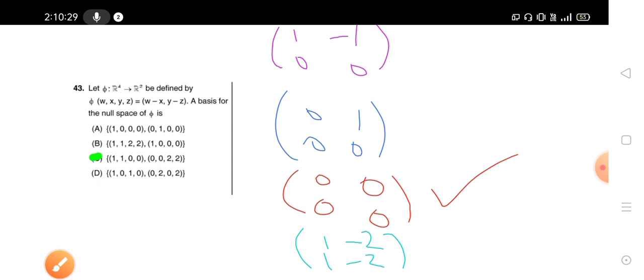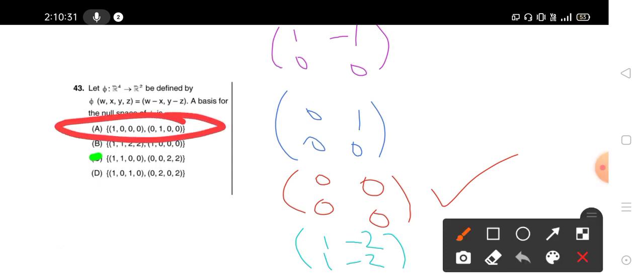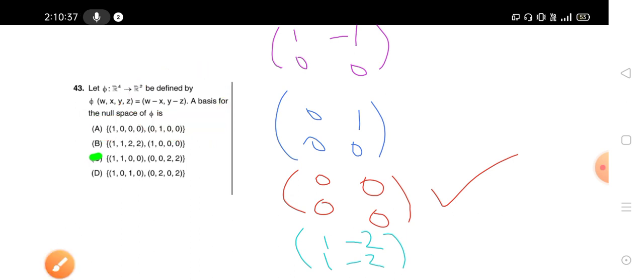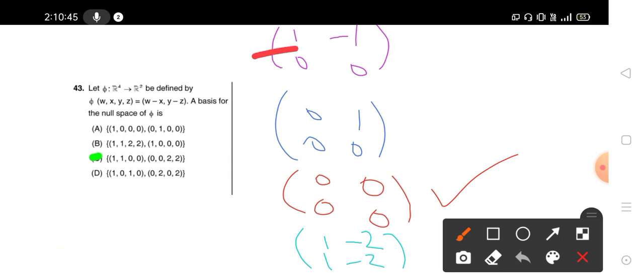First of all, check option 1. Given w minus x and y minus z, put the option A values into phi of (w, x, y, z), that is (w minus x, y minus z), and we get (1, 0), minus 1, 0 in this matrix.